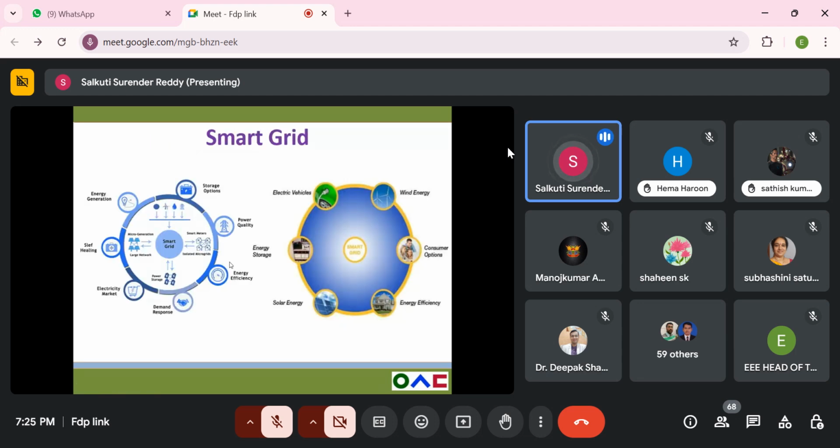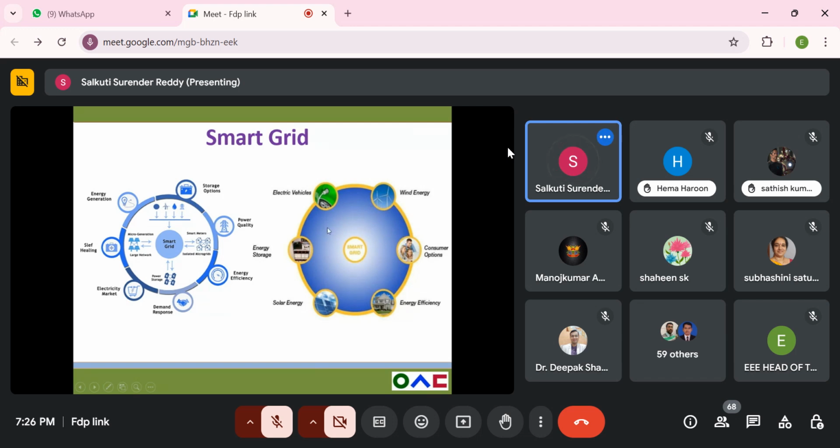Now, let's come to the applications of AI and machine learning in electrical engineering. As I said, in electrical engineering we use the smart grid. In a smart grid, we use components like electric vehicles, wind energy, solar energy, energy storage, and we give the customer options to choose the power.